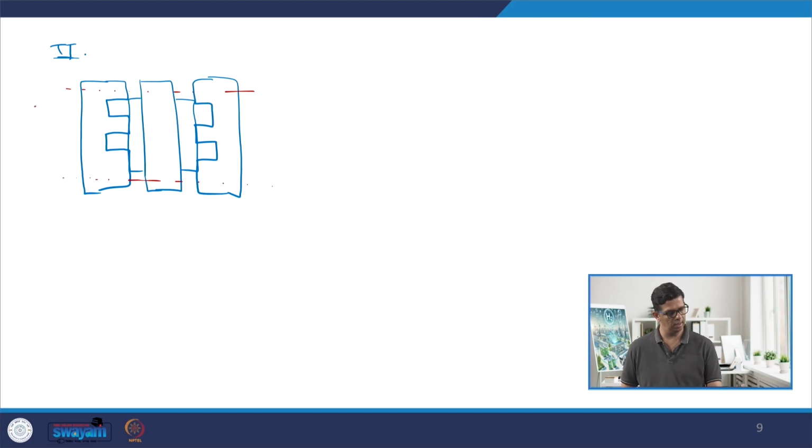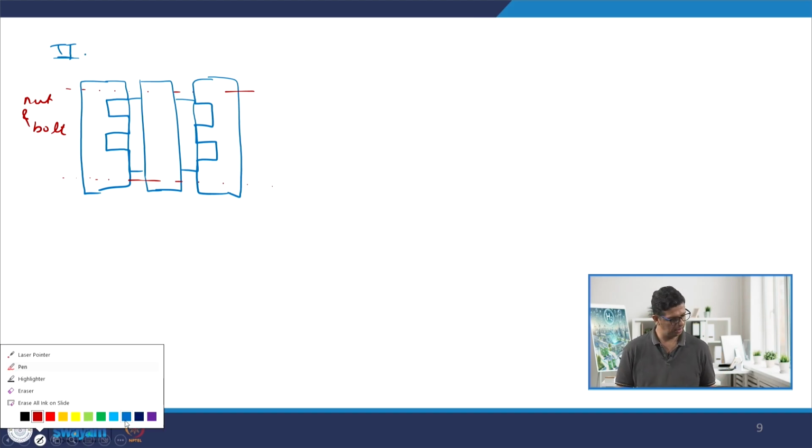So, these are the nuts and bolts at every corner of the cell. So, the entire assembly is clamped together to hold all the components very firmly between the nuts and bolts. So, let me write that up.